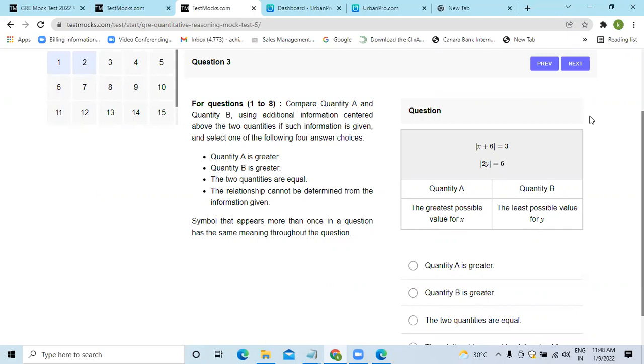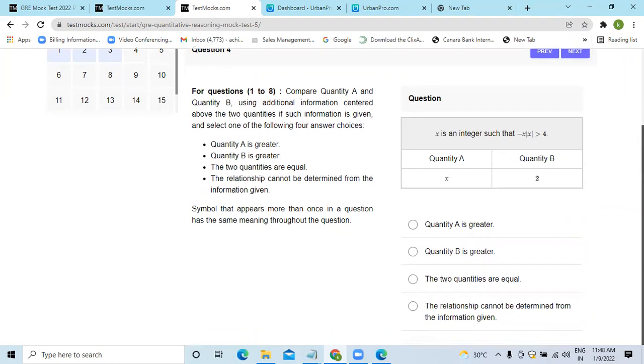Quantity A is greater. So the relationship cannot be determined.